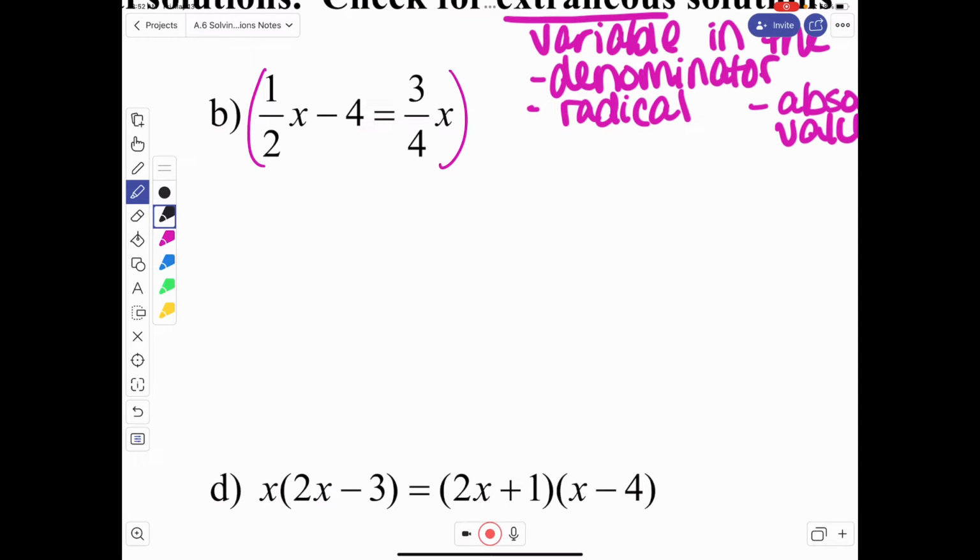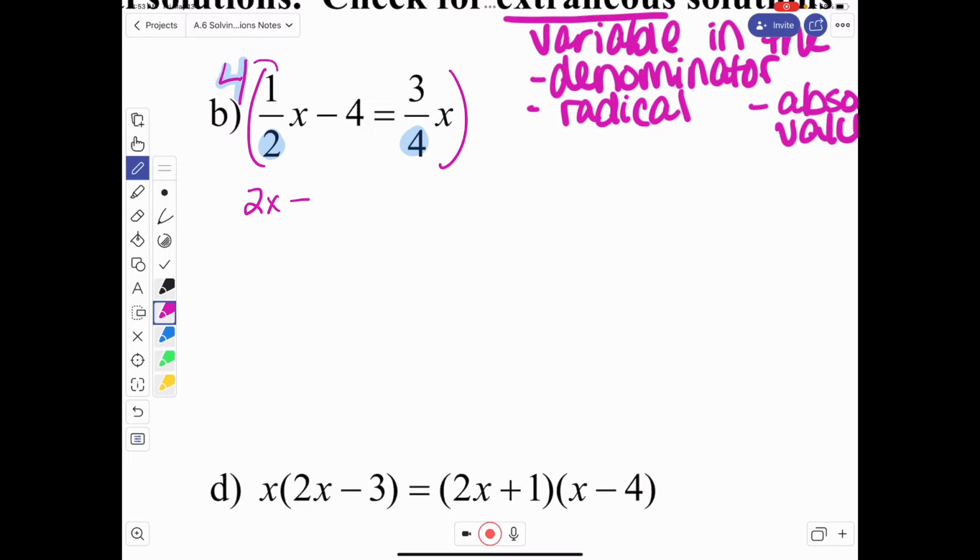So the key to doing that, look at your denominators and think of a number that 2 and 4 both go into. So they both go into 4. So we're going to multiply everything by 4. So 1/2 times 4 is 2. And you still have the x.